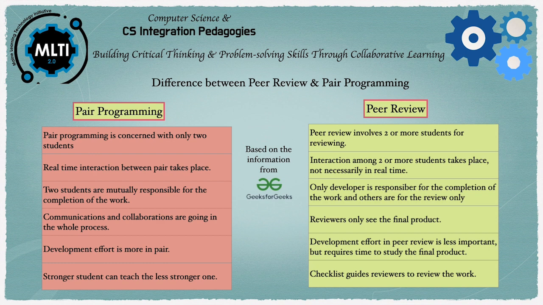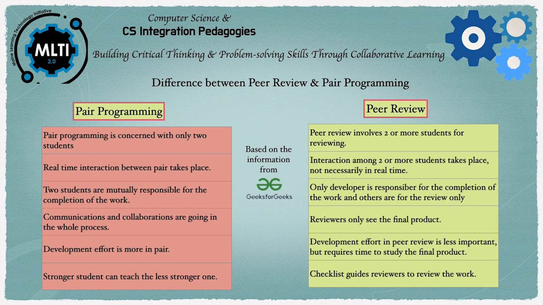In pair programming, 2 students are mutually responsible for the completion of their work, while in peer review, only the developer is responsible for the completion of the work, and others are for the review only.